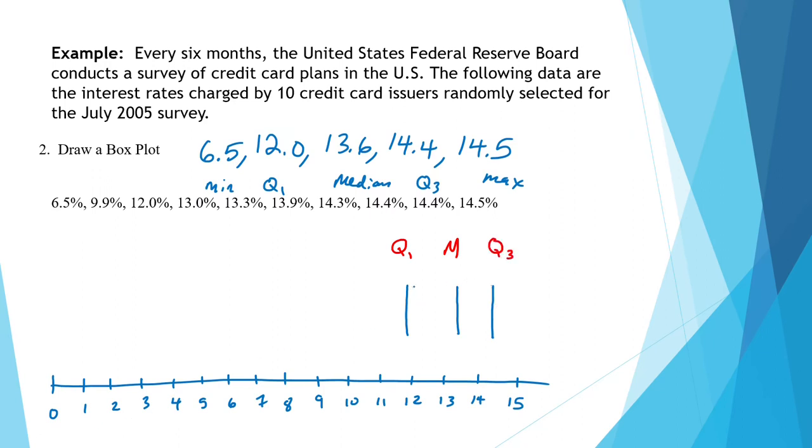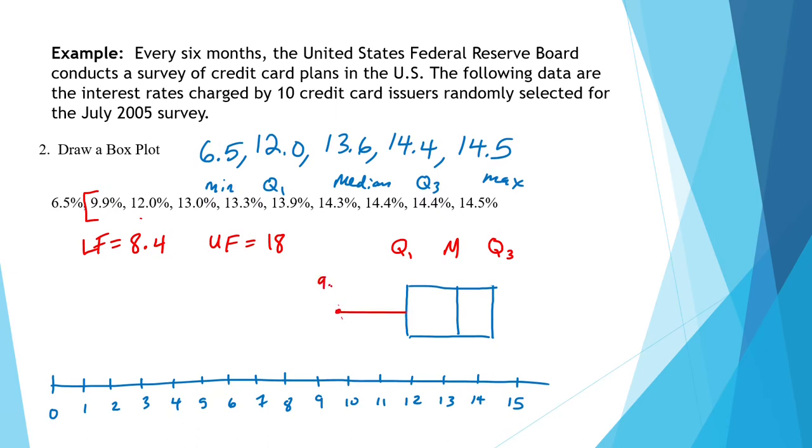We need to enclose these lines in a box, and now we need to draw our whiskers. To do that, we'll have to look at the lower fence. The lower fence is 8.4, and the upper fence is equal to 18. Now I'll need to find our data value that's just above 8.4, inside our fence, and that's going to be 9.9%. I will graph my lower whisker up to that point.